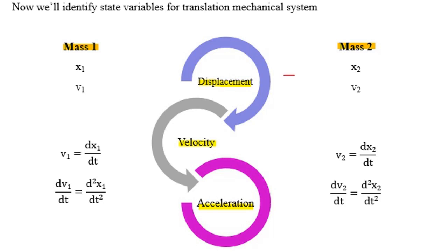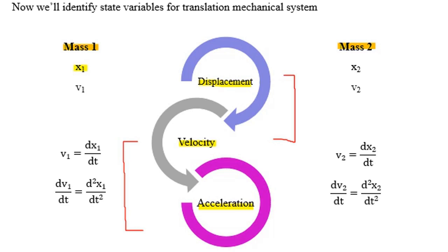Now if we look at the relation between these variables, we know that rate of change of displacement is velocity. Rate of change of velocity is acceleration. And as a rule, we have to choose the minimum number of variables for the state space model of a system.